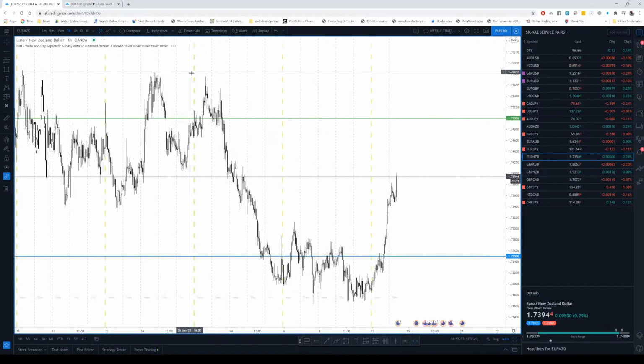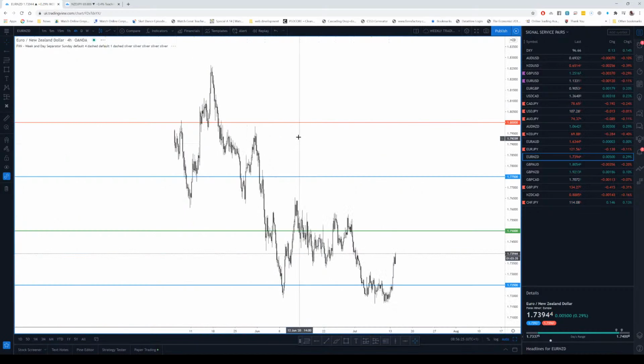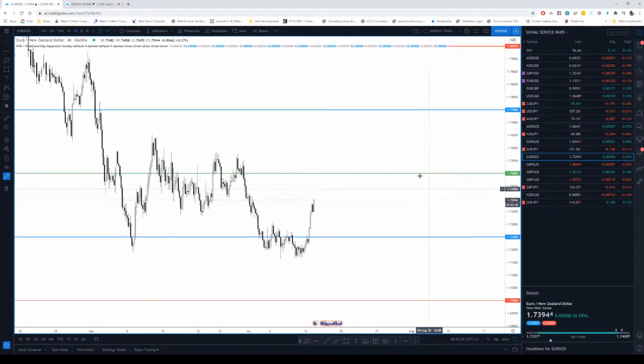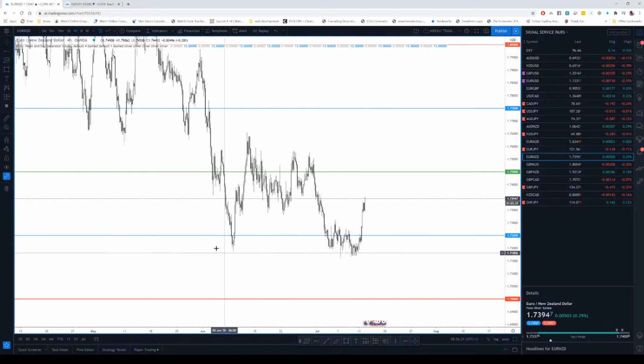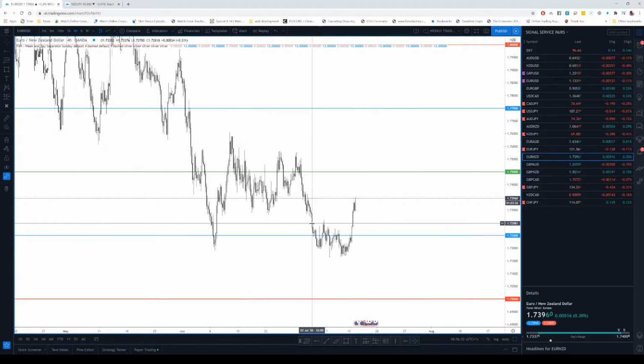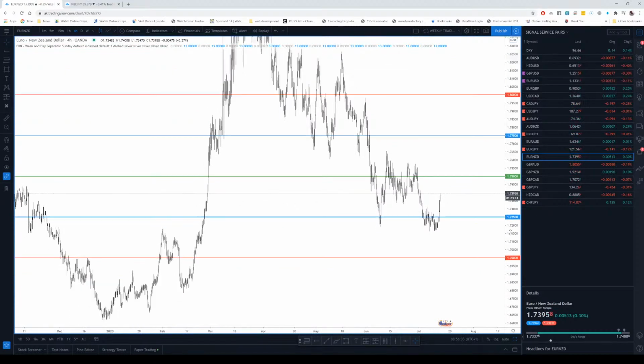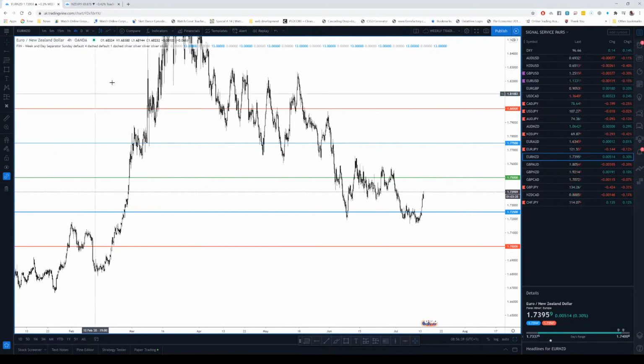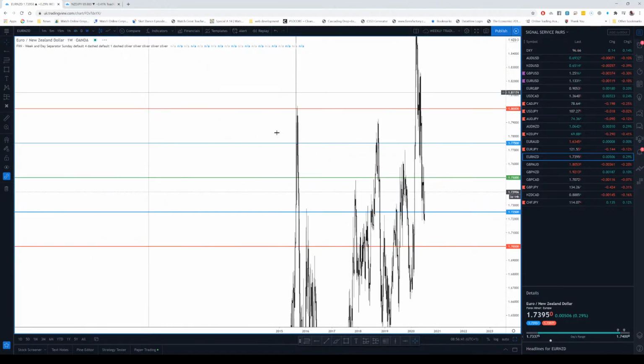Euro New Zealand. Okay. I did talk about this one as well, being at an area where we could see a buy, because we are trading at a high time frame level.